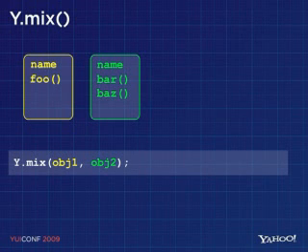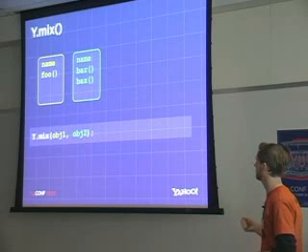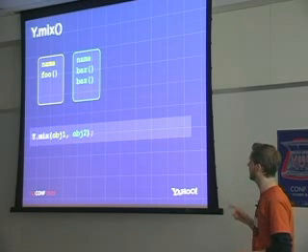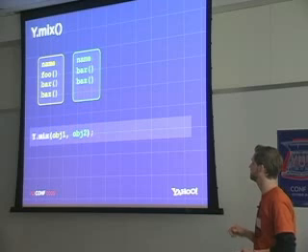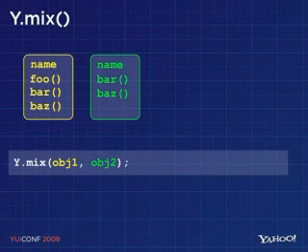And what mix does is it copies values from the sender to the receiver, both values that are static values and prototype values. So when I call Y.mix on object 1 and object 2, bar and baz from object 2 will be copied onto object 1.